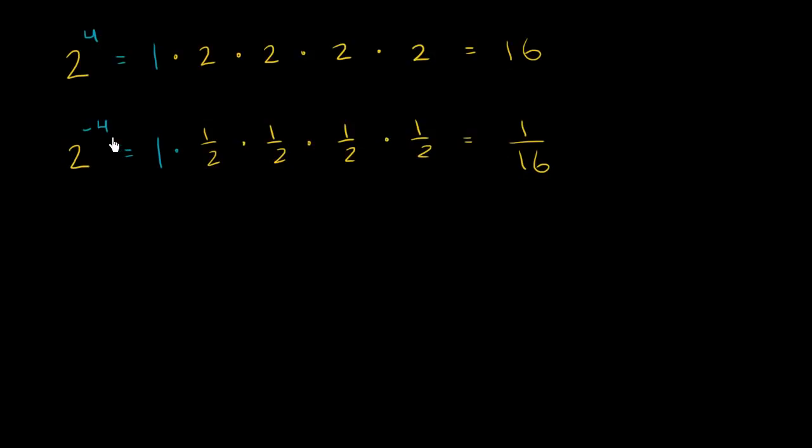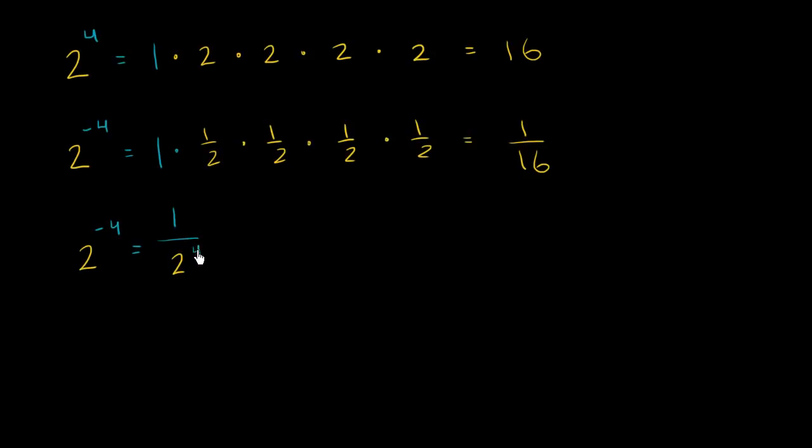You're starting with the 1 and you're dividing by 2 four times. You could also say that 2 to the negative 4 is the same thing as 1 over 2 to the 4th power.